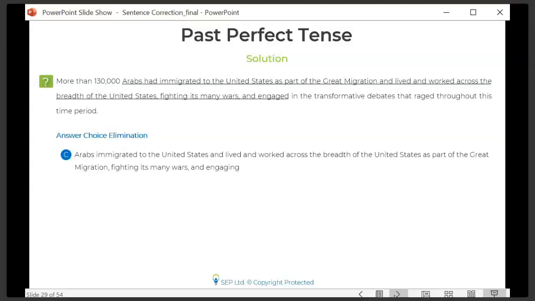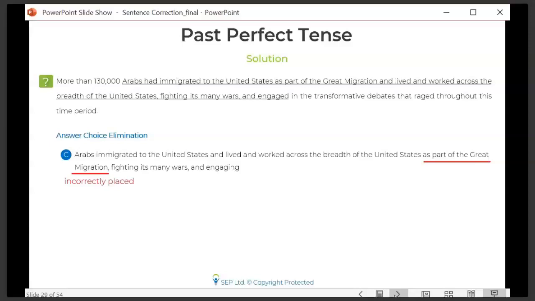The prepositional phrase "as part of the Great Migration" is incorrectly placed, implying that living and working was a part of the Great Migration. Living and working was not a part of the Great Migration. The immigration was a part of the Great Migration.